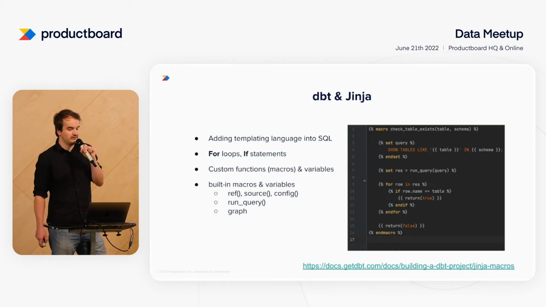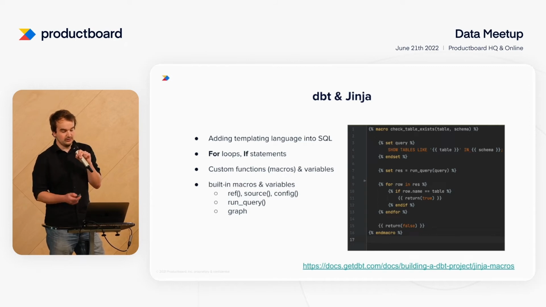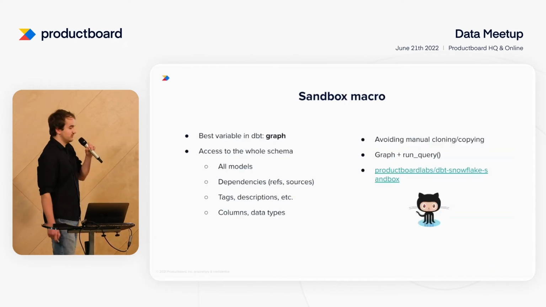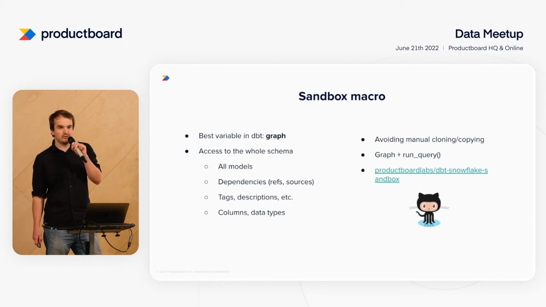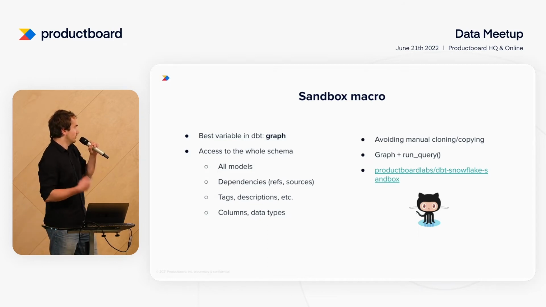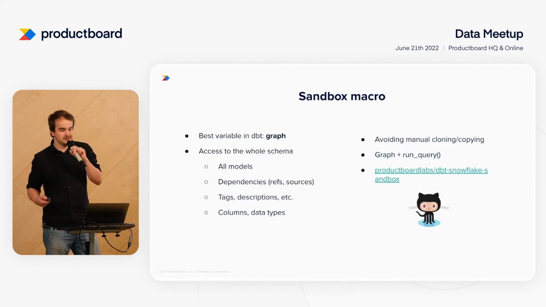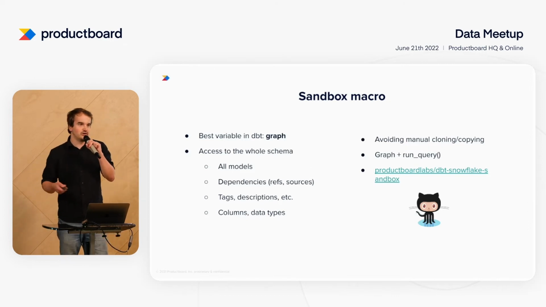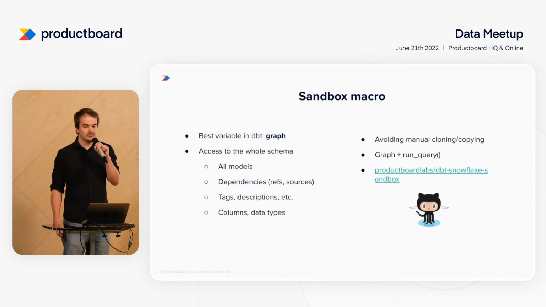And also we have a graph variable in the Jinja context, which is, in my opinion, the best variable in dbt, because this variable basically contains everything about your dbt project, about the models you have in your dbt project, all their dependencies, all their tags, descriptions, columns, their data types, and much more, like compiled SQL, for example.